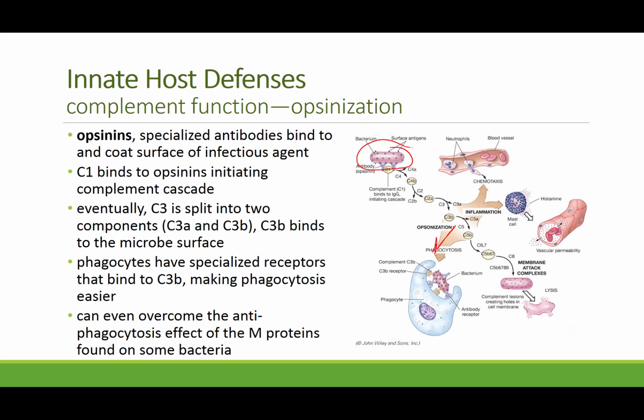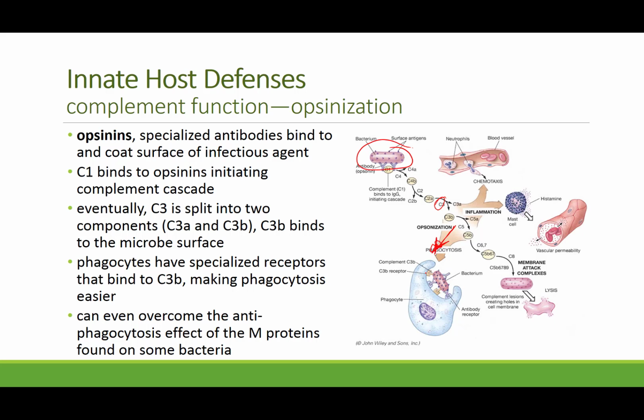So we'll come down this pathway with that made. So C3b: if we have C3 here, and it breaks into 2 different components, C3a and C3b, C3b will bind to the microbe surface.